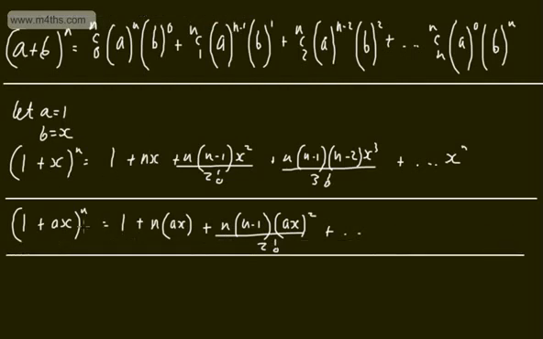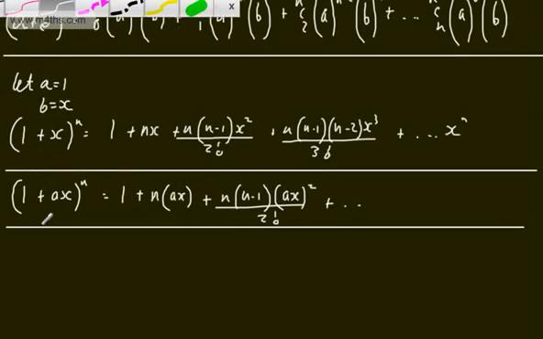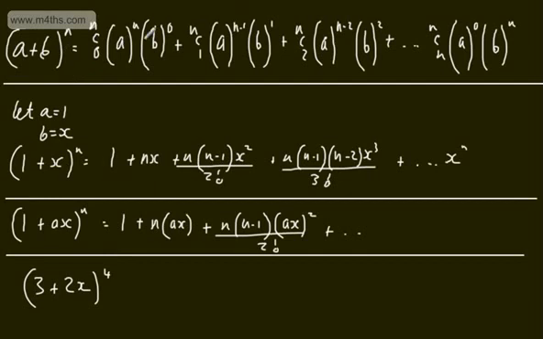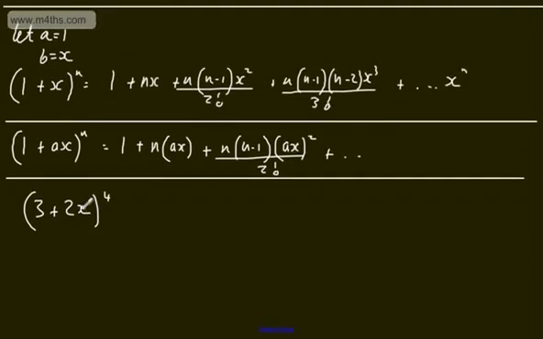Now there are advantages and disadvantages of both. For example, if I was expanding (3 + 2x)^4, we know, of course, 4 is a positive integer value, I'd just go ahead and use this particular approach. Yet if I had (1 - 2x)^6, I might use the second one.